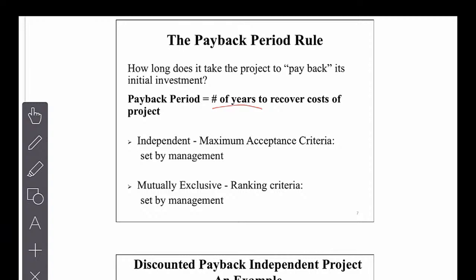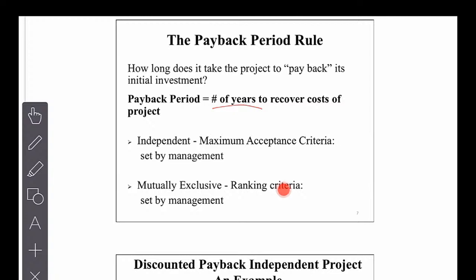If you have to choose between projects, and you have to present alternatives to the project you're proposing, then you would present the payback period for several projects.